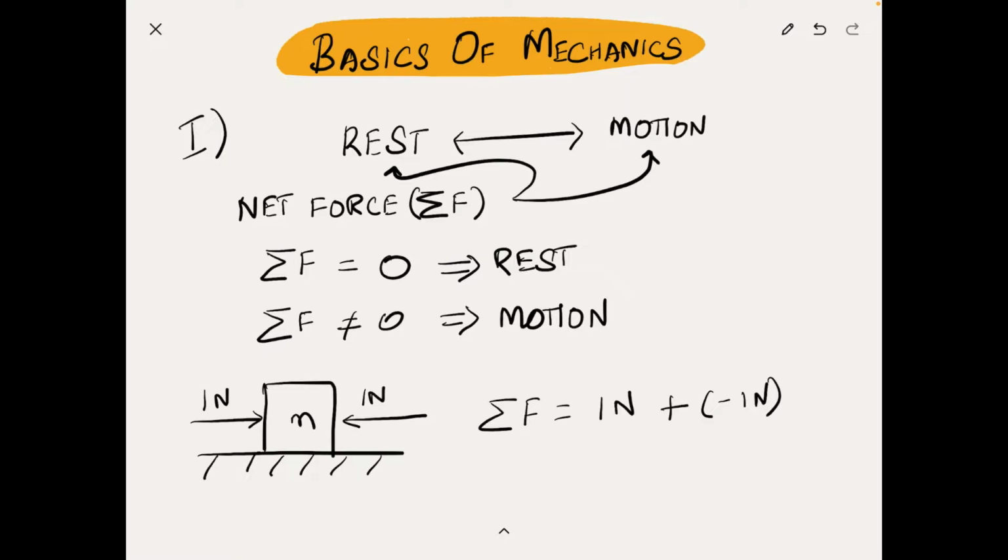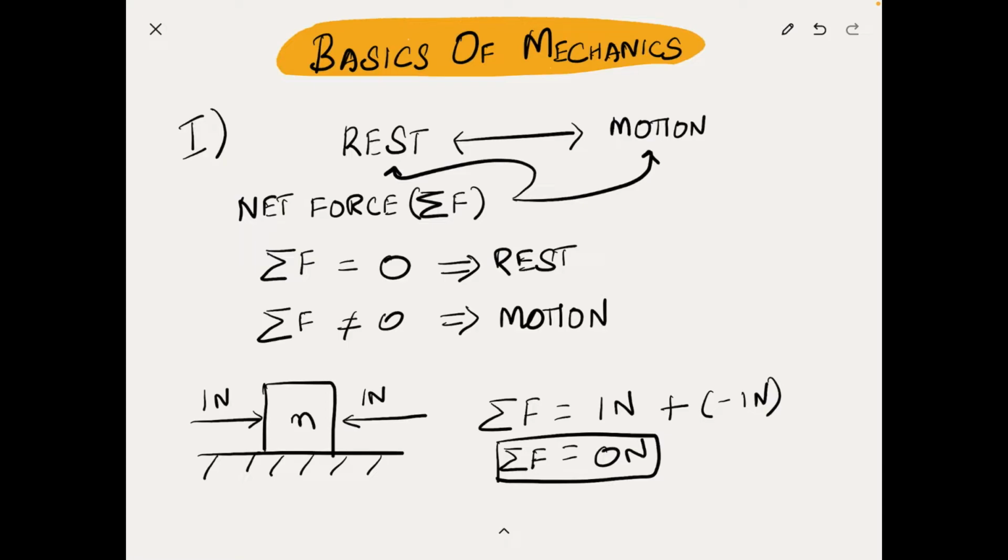So if I take the force acting from left to right as positive, I have to take the one acting from right to left as negative. So the algebraic sum of these two forces will be 0 Newton, and that will be our net force. Since our net force is 0, we can safely assume that the body is at rest.